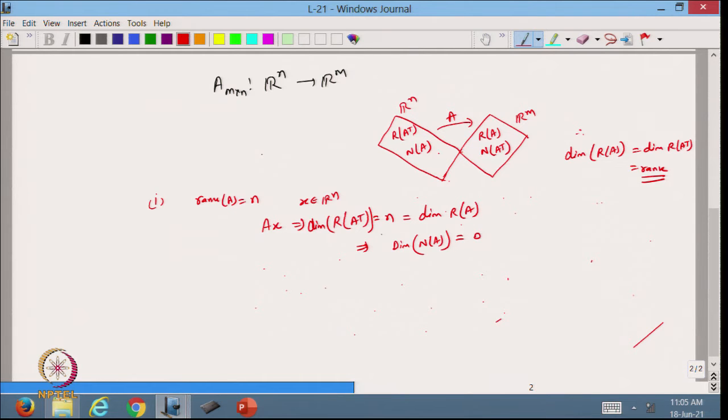So, the dimension of the other subspace is 0.